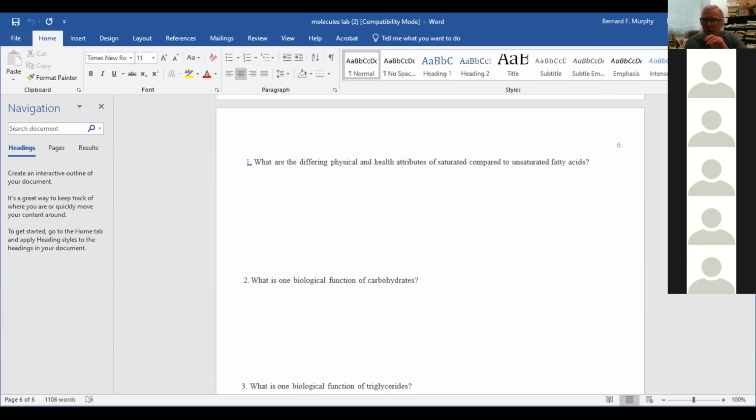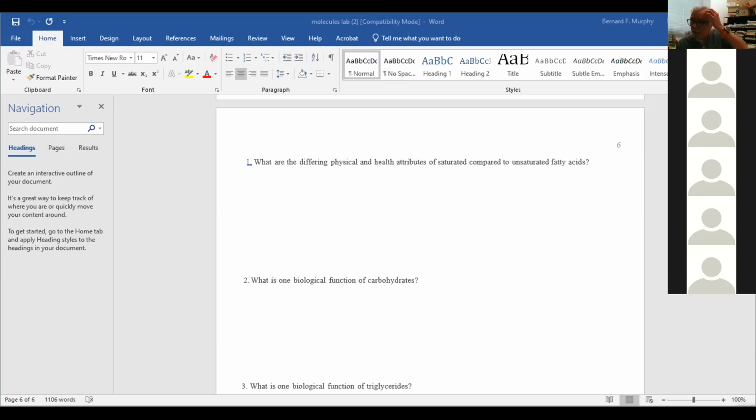All right. I have a question. Sure. I was wondering for the questions where it's asking us to draw a molecule, do you want us to find a picture that we can add to the document, or should we actually draw them? Yeah, you could actually take a pencil or pen and draw them using the letters for the atoms and lines between them for the bonds.